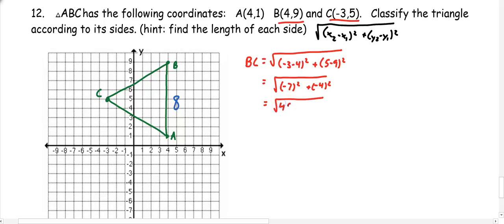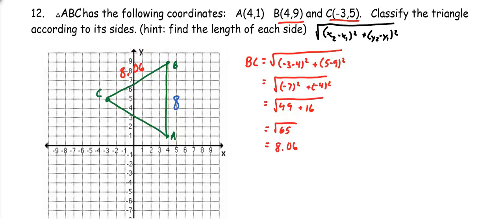When I square those, I get 49 plus 16. Remember, when you square a negative, you should always get a positive because it was in parentheses. When I add those together, I get the square root of 65, which I'm going to round to my nearest hundredth, 8.06. So BC has a distance of 8.06.